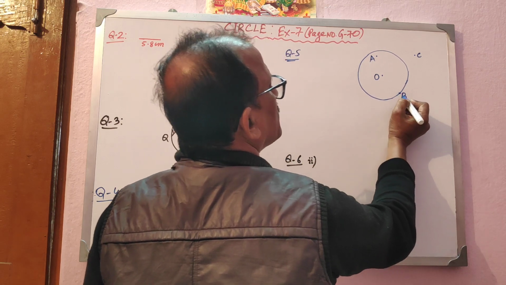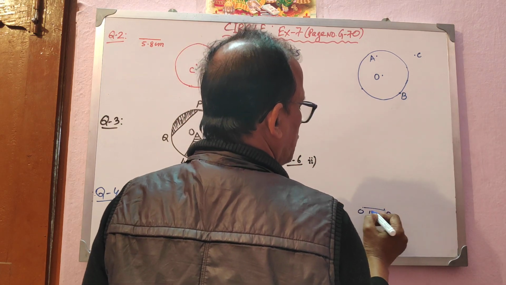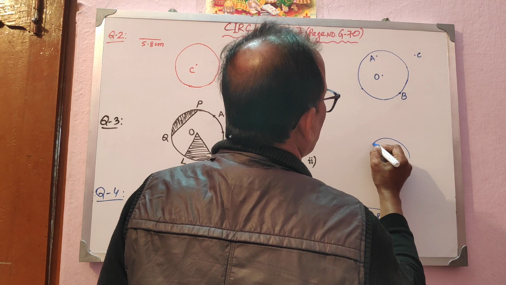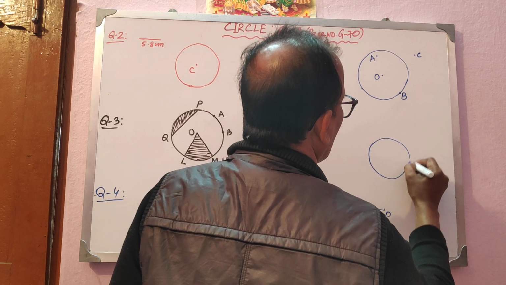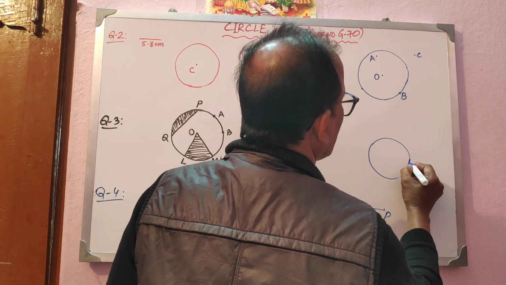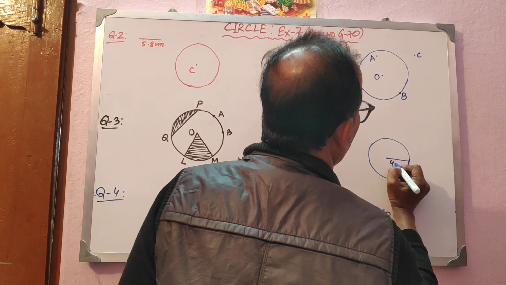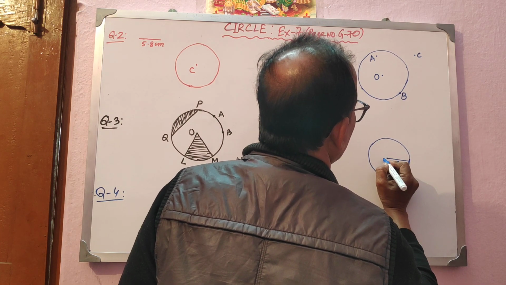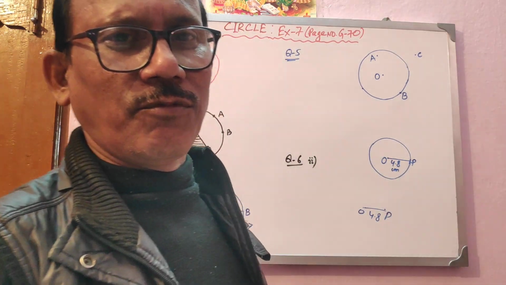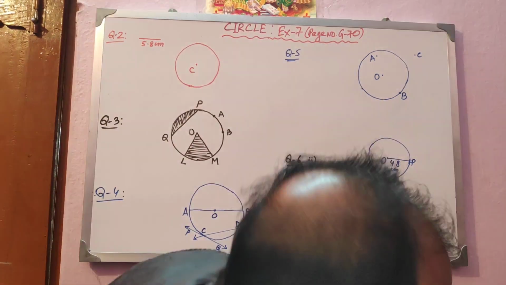Suppose a circle of 4.8 centimeter radius, from the center the radius is 4.8 centimeter. Here O is the center and this is P. So the length of OP will be 4.8 centimeter, only line segment OP. That is question number 1.